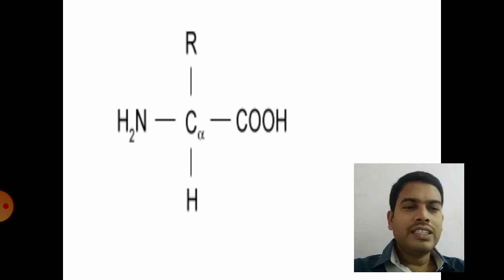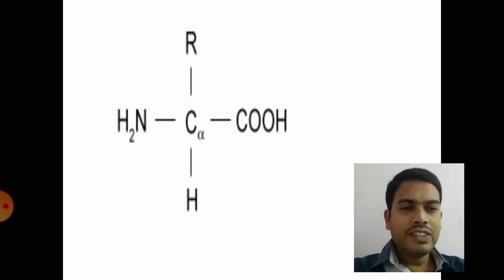So all the 20 standard amino acids are alpha carbon atom containing amino acids. Only alpha amino acids, which are 20 in number, make the proteins.